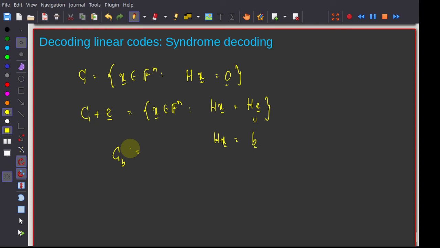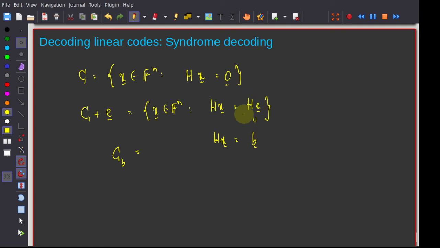So if b is non-zero, then obviously this is not a group. But again, this is not equal to the code either. This is a translate of the code. So now each of these forms a coset. As long as e is not a codeword, H times e is not equal to 0, so H times x is non-zero. That gives me one particular coset.